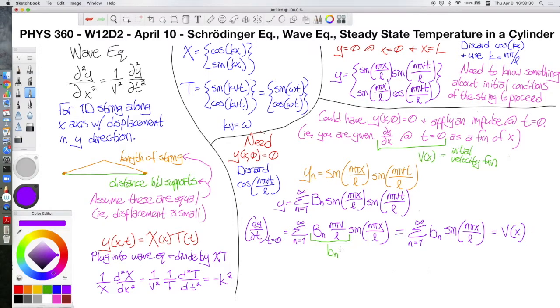Here, b sub n is defined as big B sub n times n pi v over L. So then we would expand our initial velocity function in a Fourier sine series to get our coefficients little b sub n, and then use the relationship between the two that is given right here in order to find the values of big B sub n so we can construct our entire series.